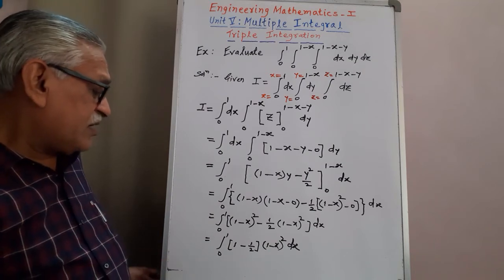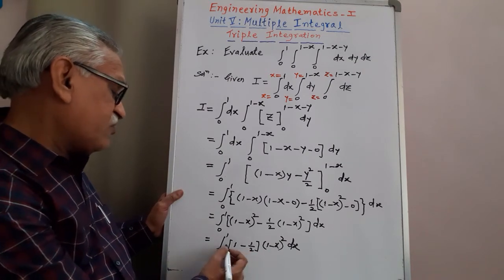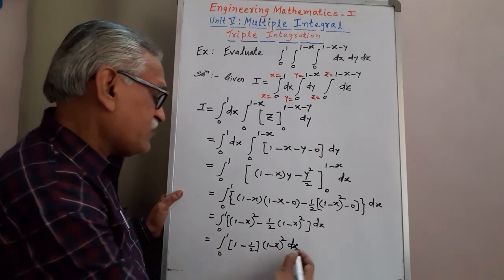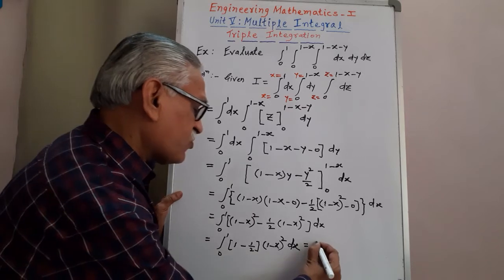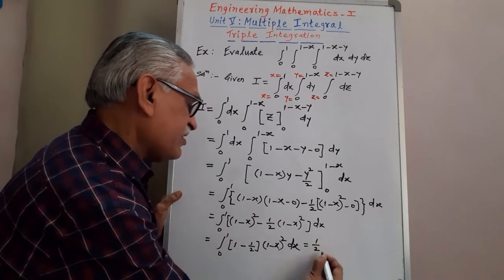Okay, and therefore 1 minus 1 by 2 is 1 by 2. As it is constant, I can take it outside the integral sign.